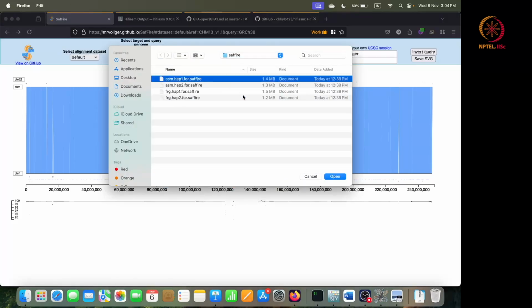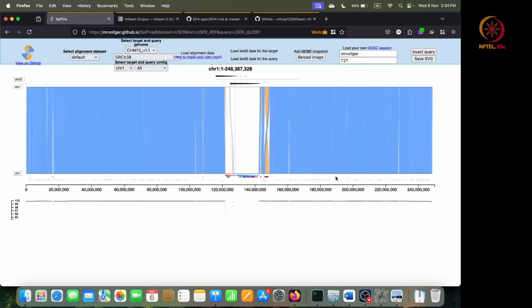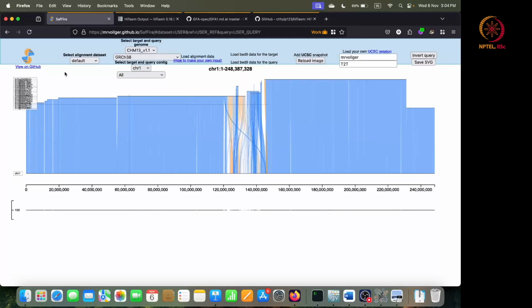So, let us look at the alignments of contigs from haplotype 1 for Sapphire. I will note that this is not the assembly of the reads from the first 10 million bases of chromosome 18. This is actually an assembly of the entire ONT duplex data for the HG002 sample. Okay, so something has loaded up.